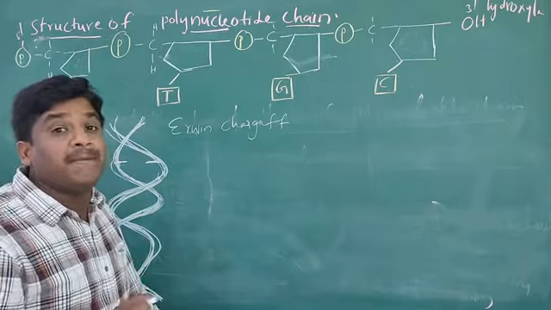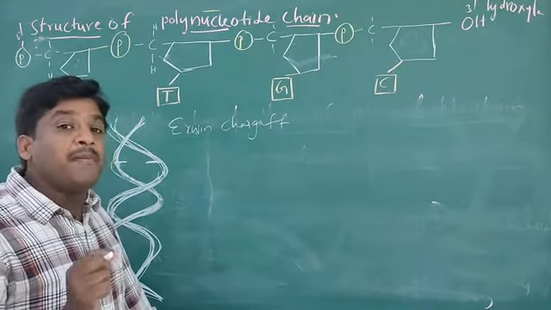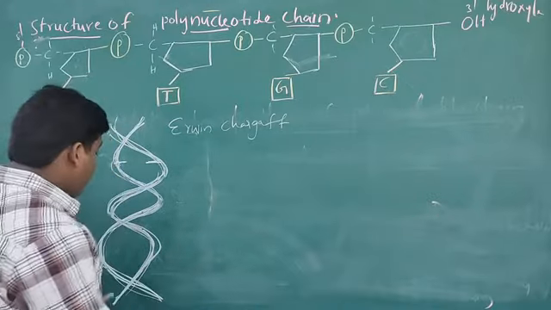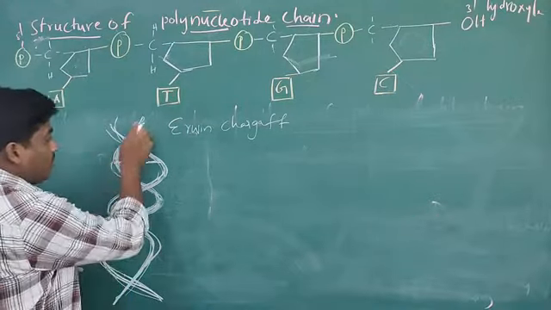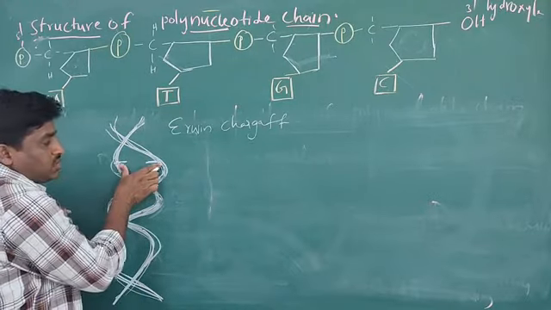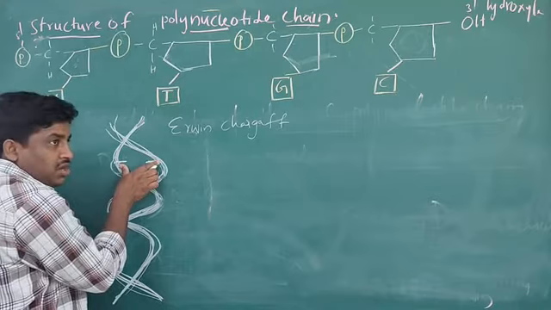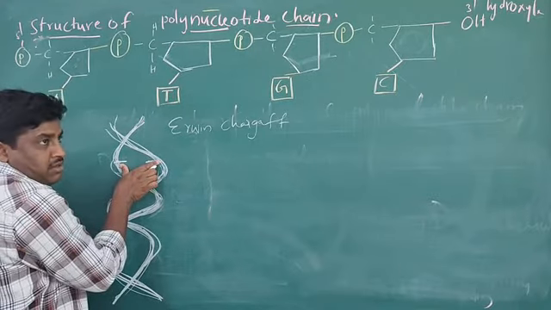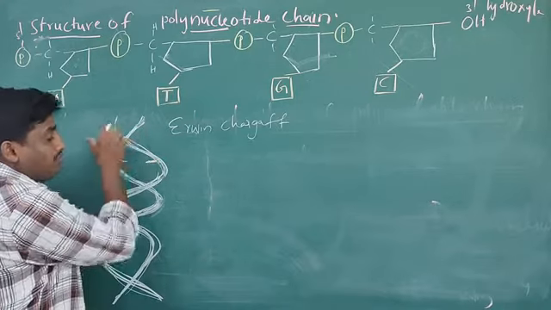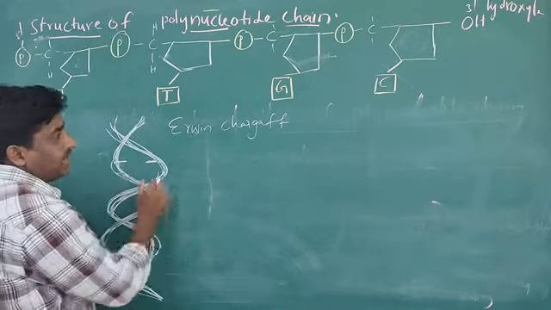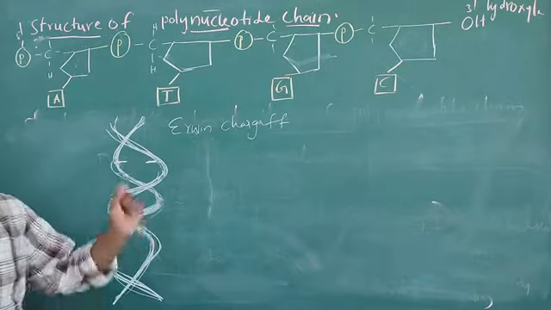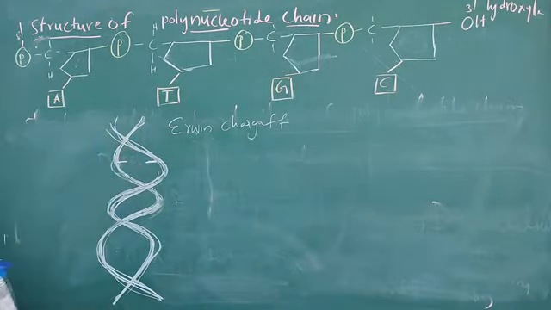So the proposition of base pairing. A base pair means a pair of nucleotides. In the polynucleotide chain, these two nucleotide chains, the two strands of the base pairing, the proposition of base pairing in the polynucleotide chain was explained by the scientist Erwin Chargaff.